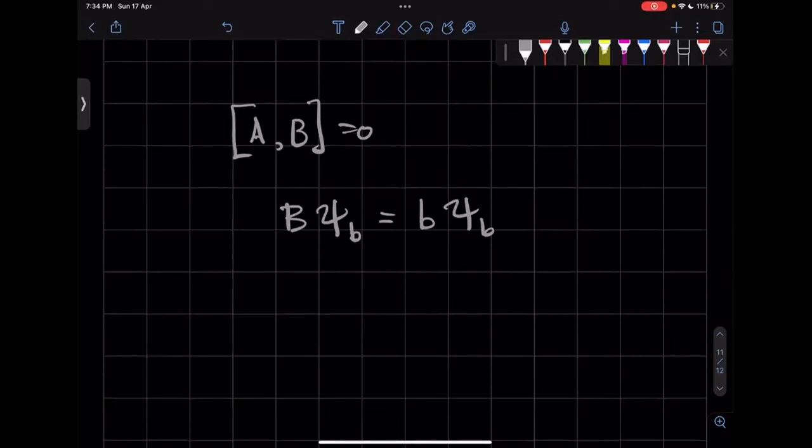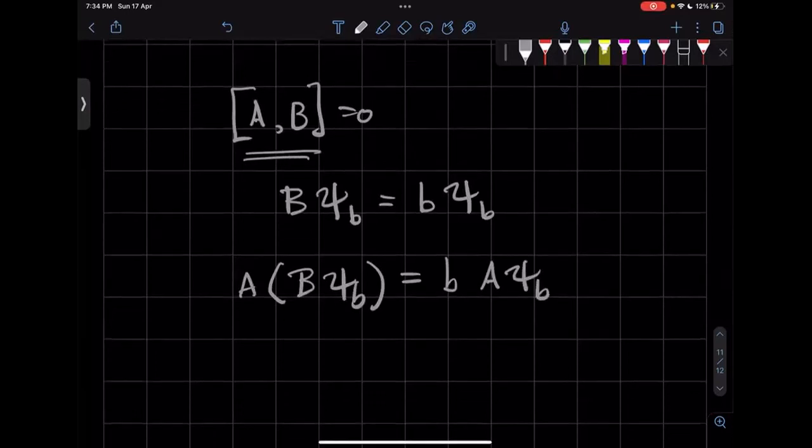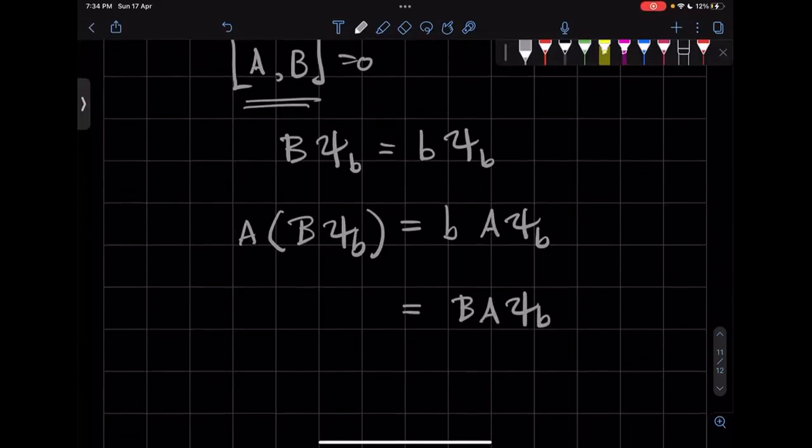Now because they commute, if you act A on this vector, what do you get? You get B times A of psi_b, right? But this is the same thing as B times A acting on psi_b.